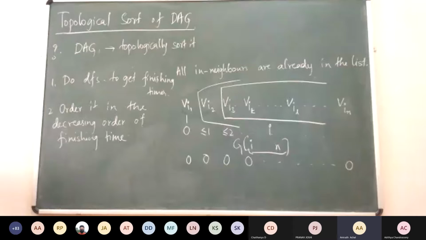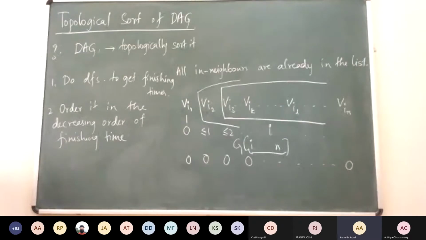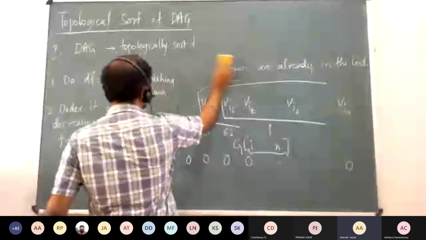How are you sure that all its children and all its reachable vertices are added? Because we are doing a DFS from that particular vertex. A DFS from a particular vertex will reach all reachable nodes from there. You are again using the reachability property. Yes, sir.